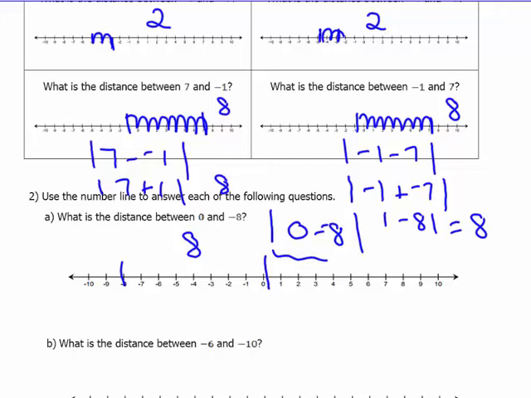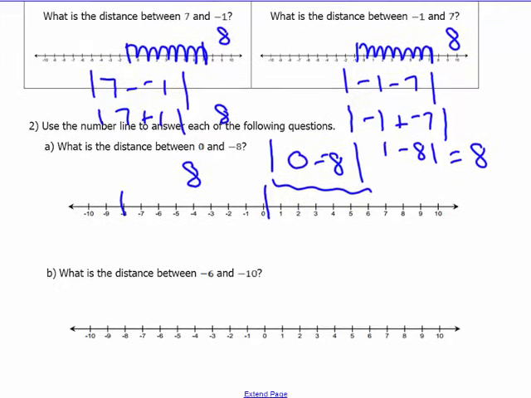But this is how it would look as a math problem. Okay, the distance between -6 and -10. So here's -6, here's -10. Math-wise, they're saying the absolute value of -6 minus -10, which we can see here is 4 spaces.